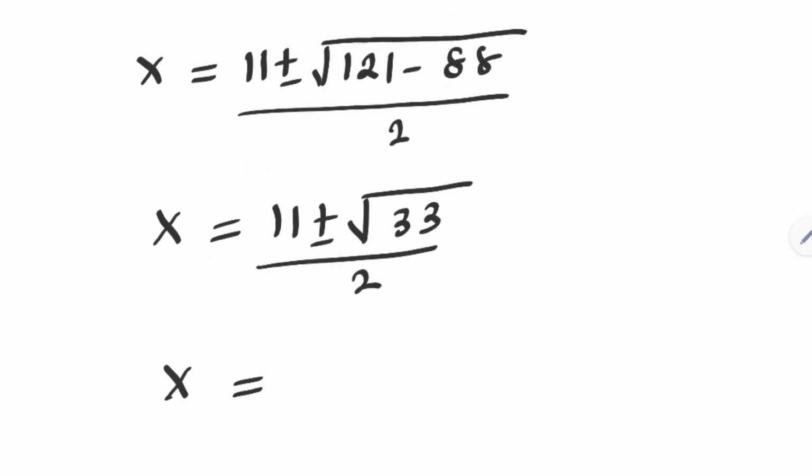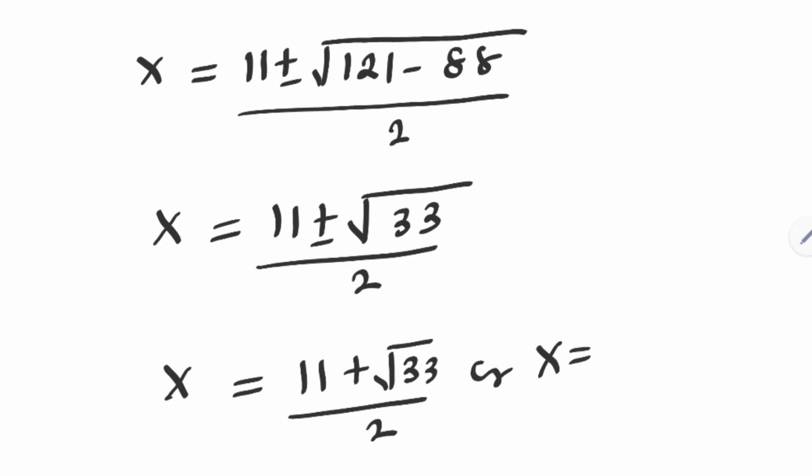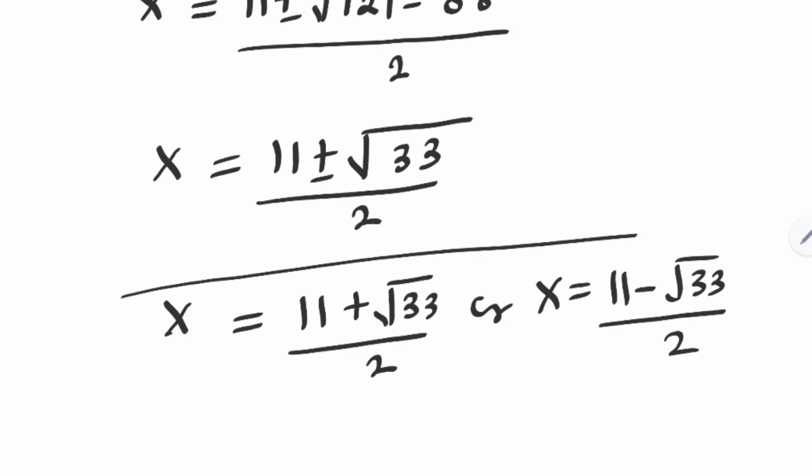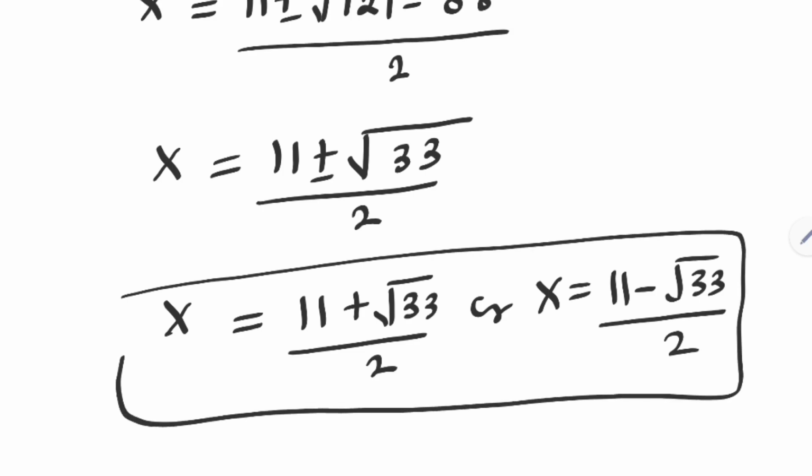S is equal to 11 plus square root of 33 divided by 2, or S is equal to 11 minus square root of 33 divided by 2. These are corresponding values of X.